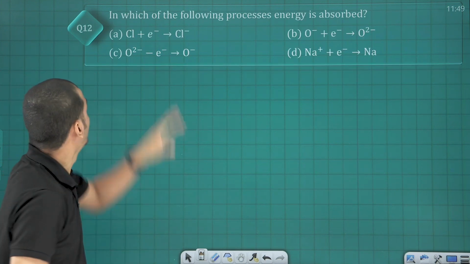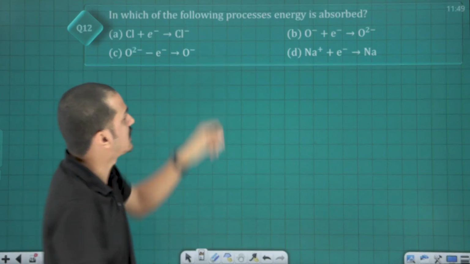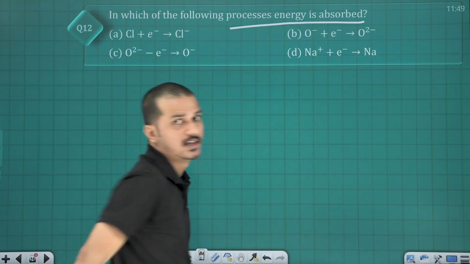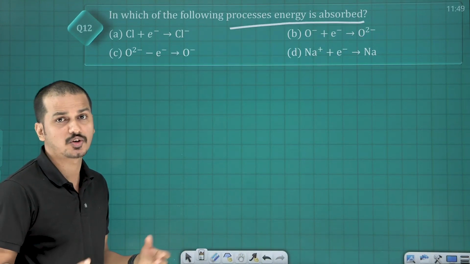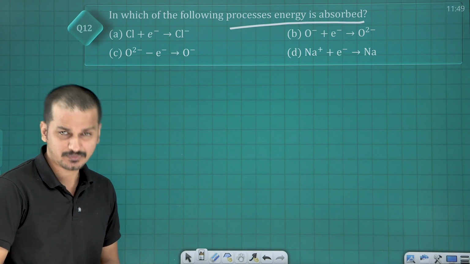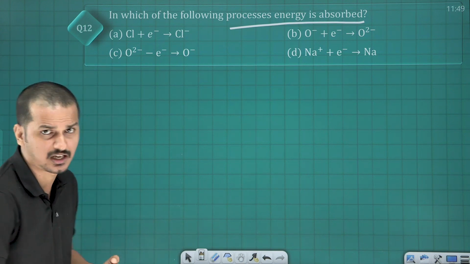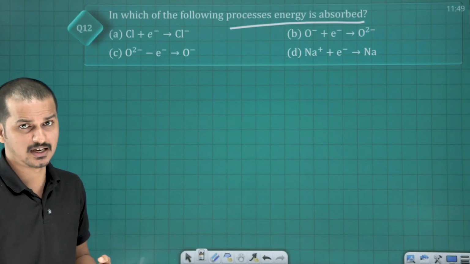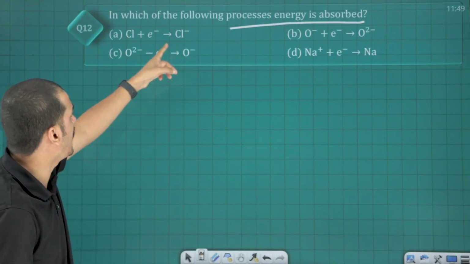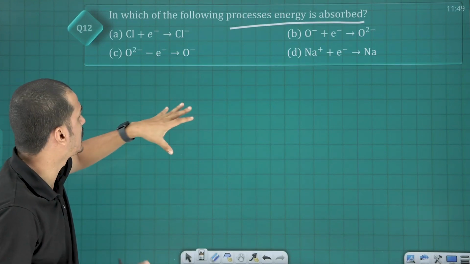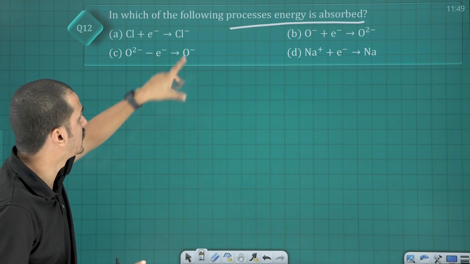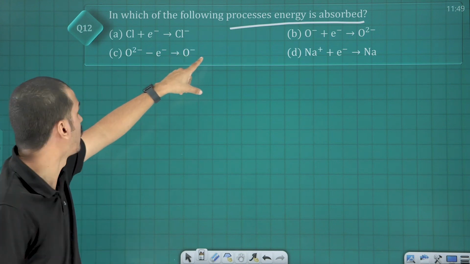Question number 12. In which of the following processes is energy absorbed? Electron removal. I already told you that electron removal, if you want to remove an electron, is endothermic in nature. So they are asking in which of the following cases energy is absorbed.